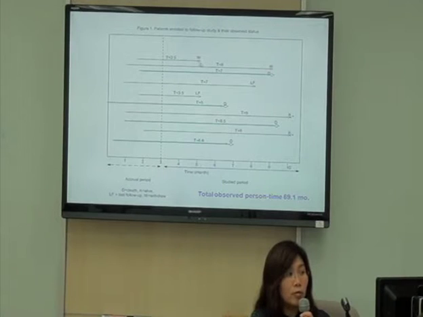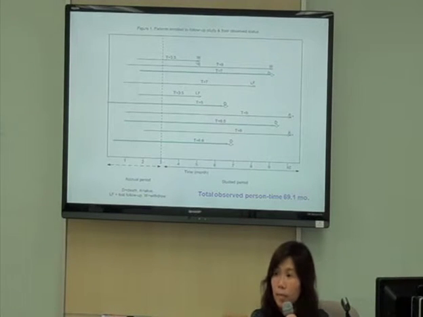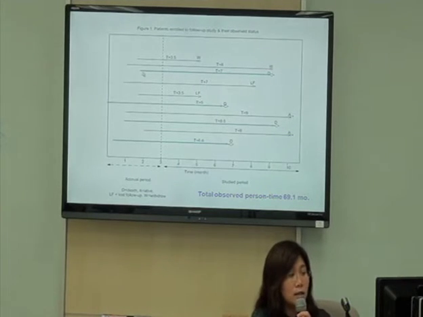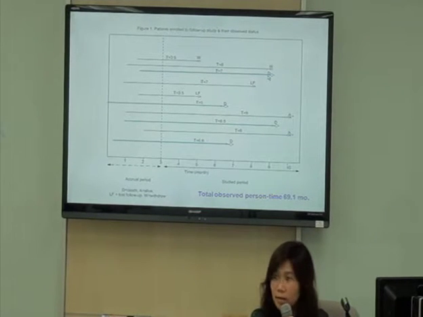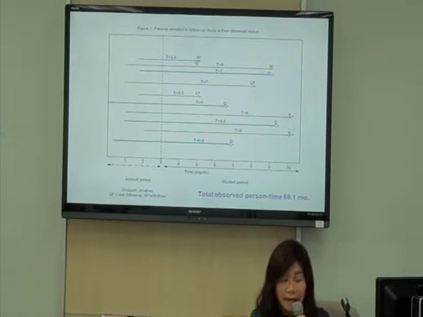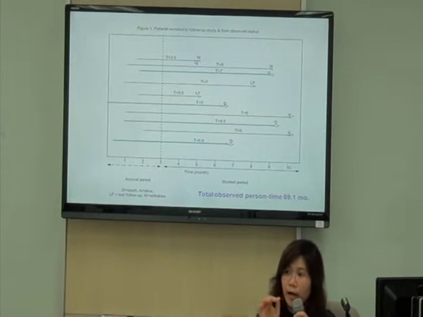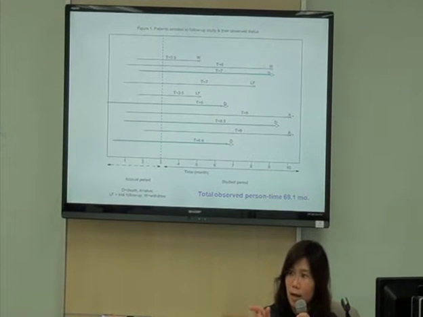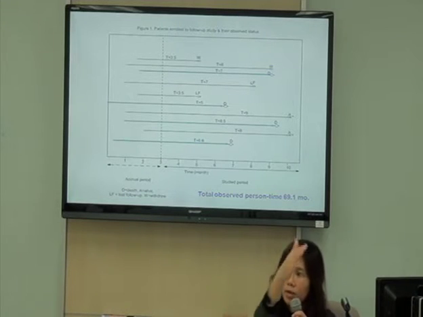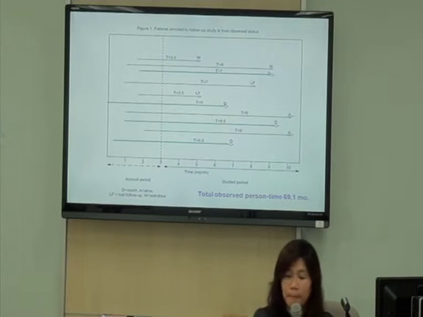If they withdraw before, you just count them only during the follow-up. If they die, it's the time from origin to their death. Okay, so each patient has to have their own date of both origin and then the end.